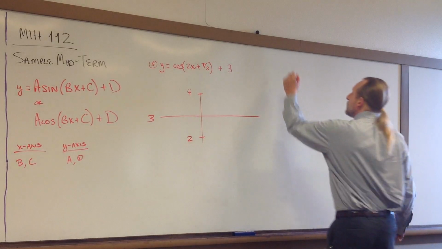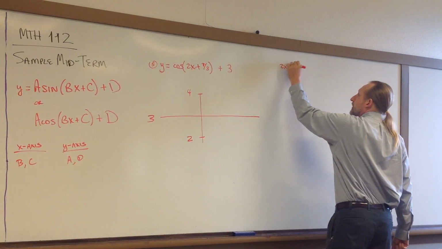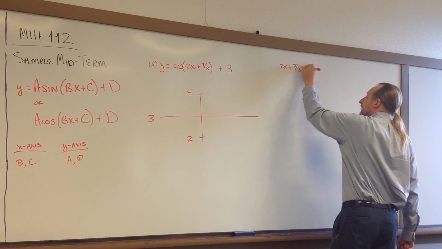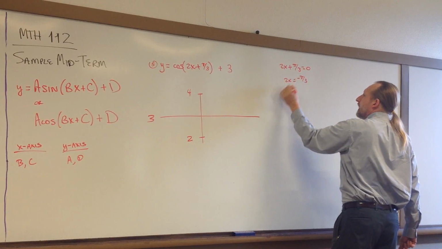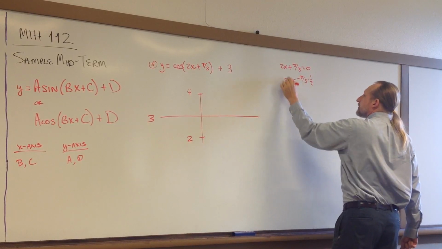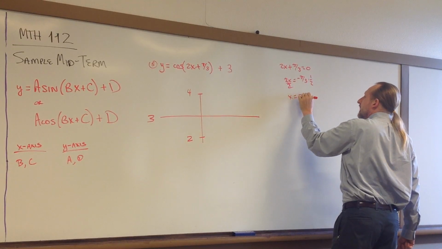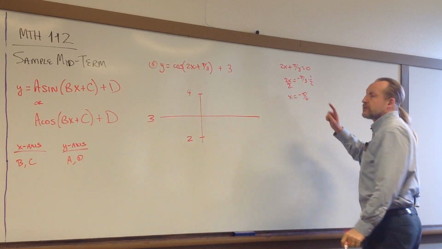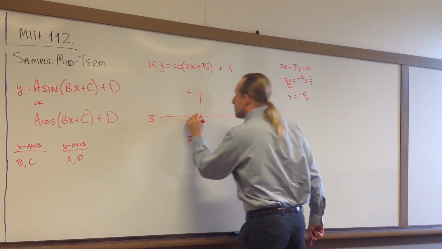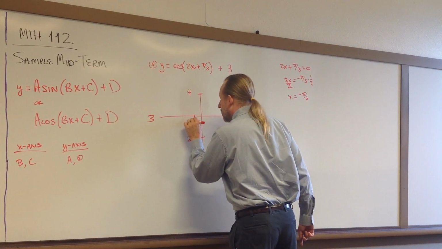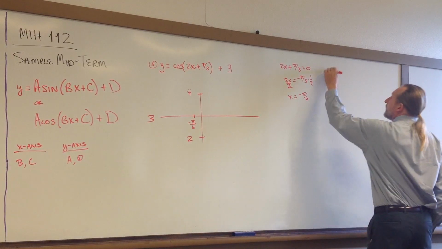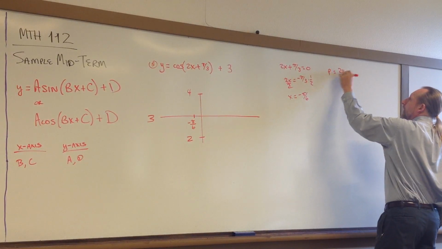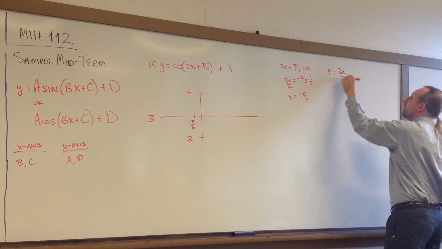Let's see, our phase shift, the new starting point, if we set this equal to 0, and then divide on both sides by 2, negative pi over 6 is our new starting point. Okay. All right. Now the period is 2 pi over b, which is 2.